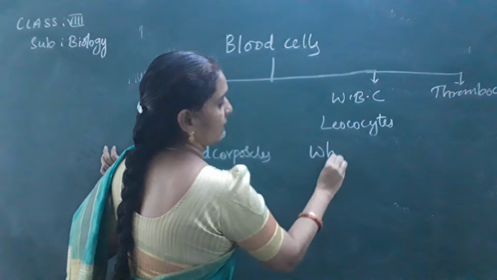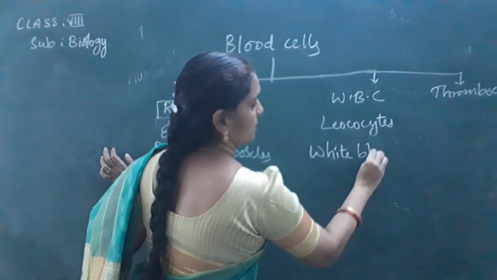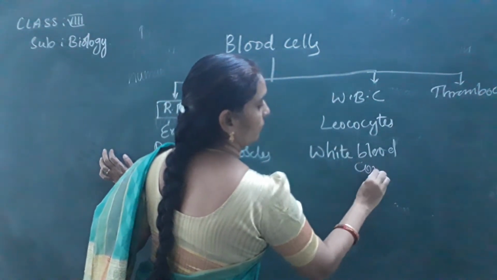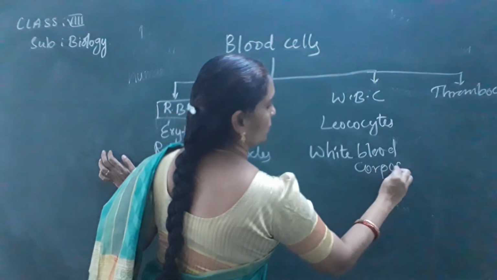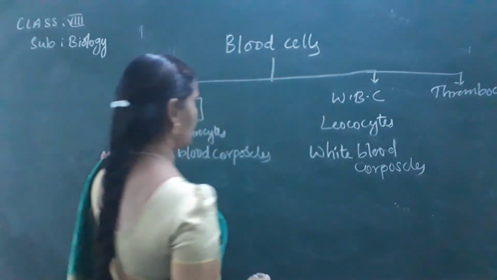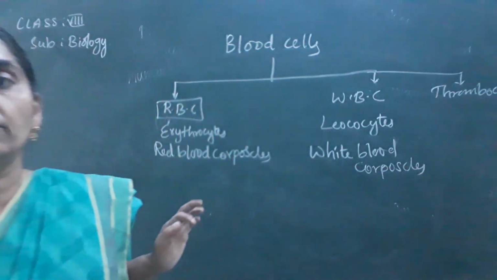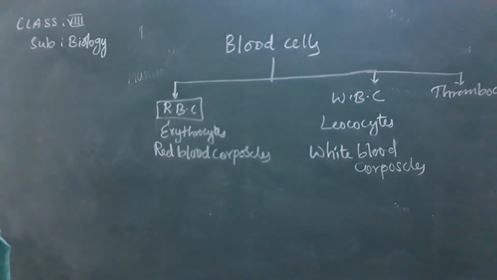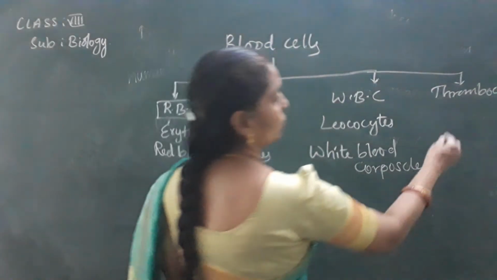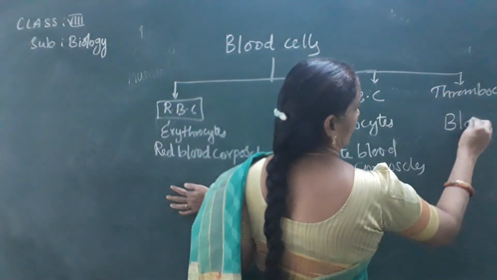WBC are called white blood corpuscles or white blood cells. And the third variety of blood cells are thrombocytes or blood platelets, also called blood platelets.